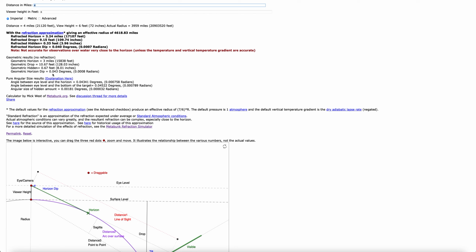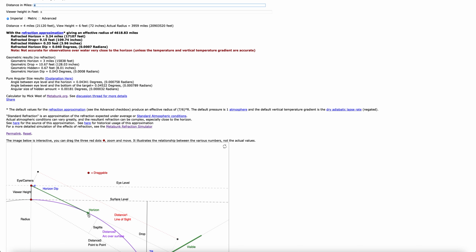if I just look at Metabunk here, there is no angular size change, there are no perspective effects. Even here, when they go to pure angular size results, it's the angle between eye level and the horizon. So that's a pre-assumption that the horizon is the geometric edge.